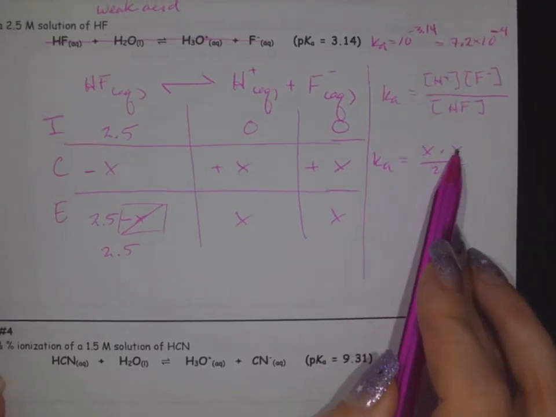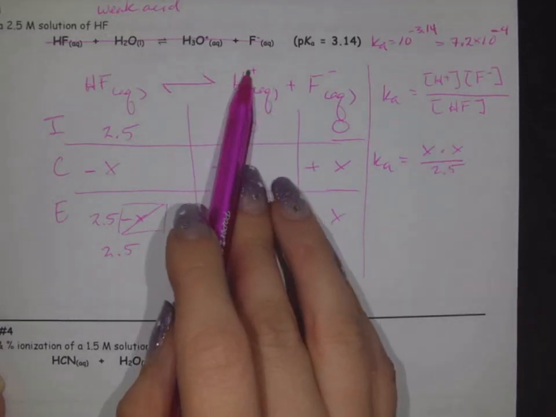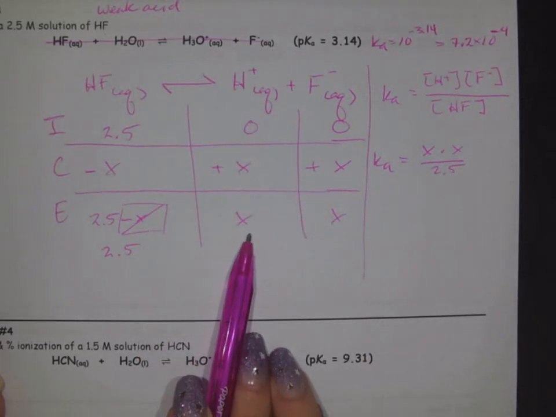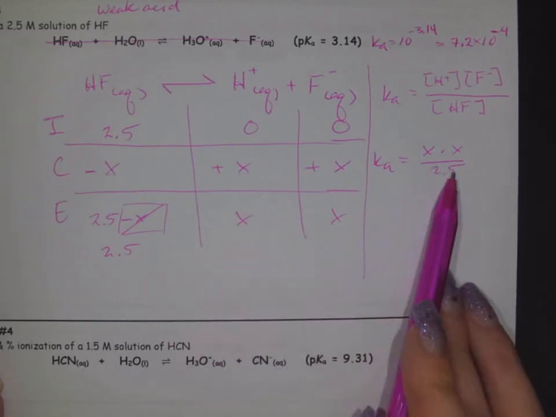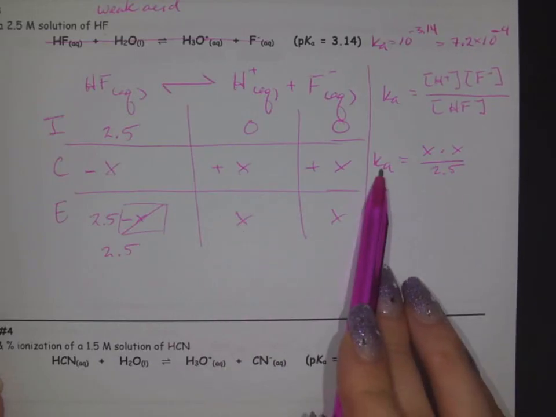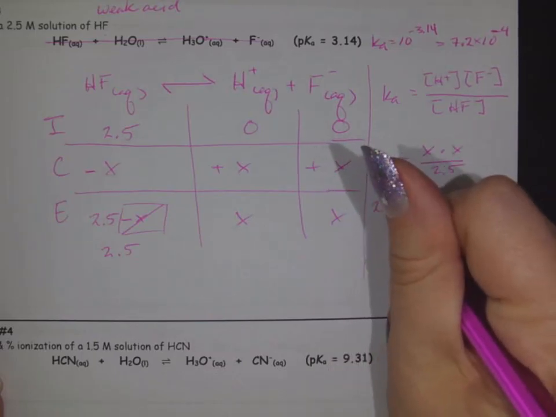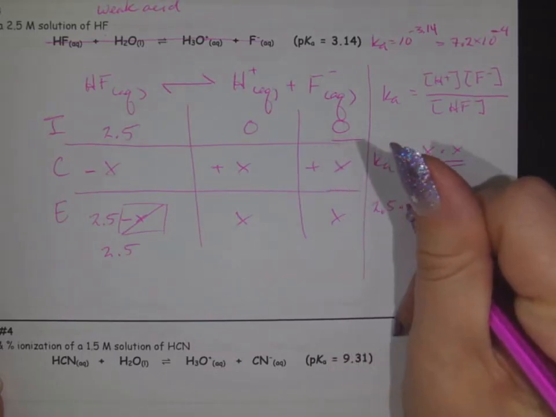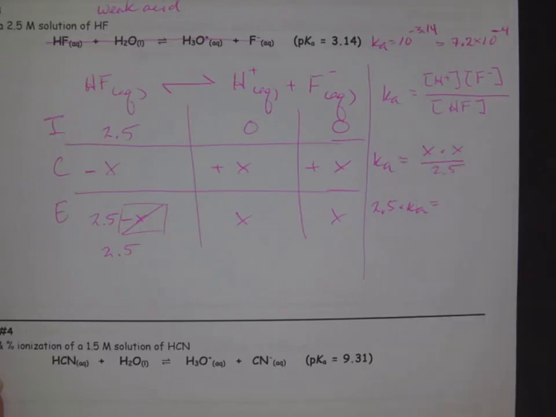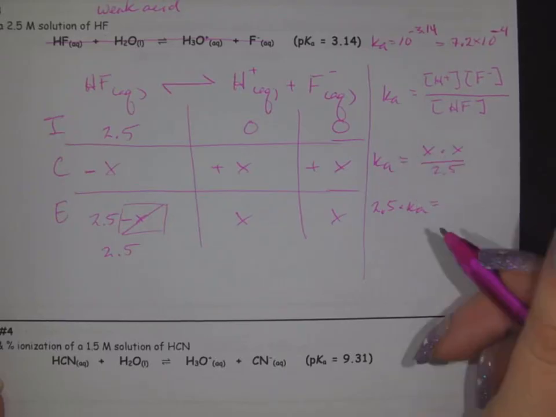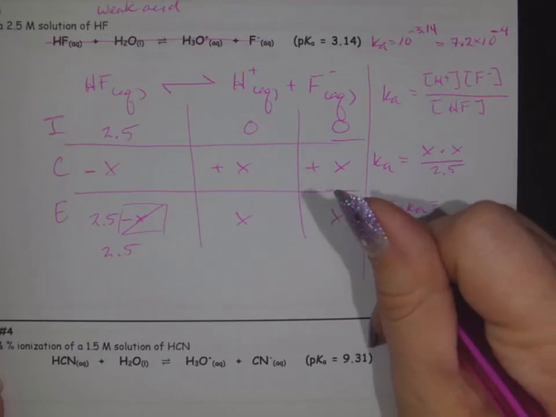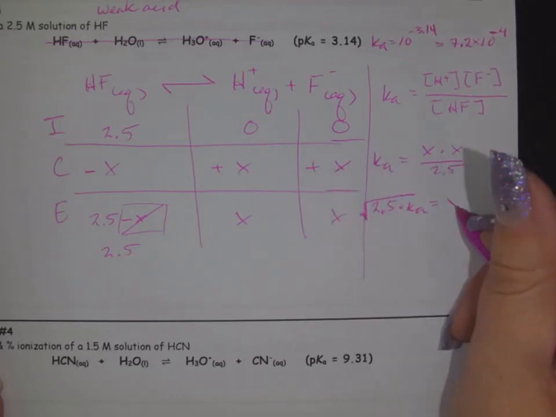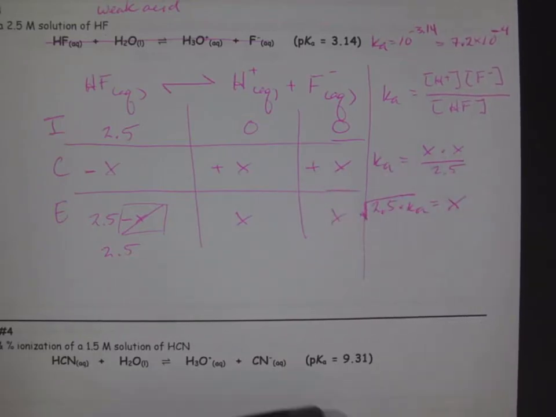So this is going to become x squared. And I'm going to solve for x right now because I want to know what the concentration of H+ is going to be. That's how I'm going to figure out the pH. So I'm going to multiply by the 2.5. So 2.5 times Ka is equal to x squared. If I want to solve for just x, then I take the square root, and that's going to equal my x value.